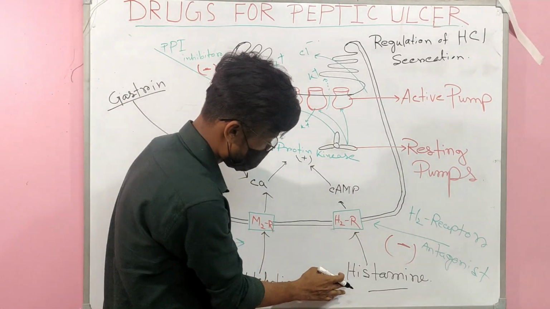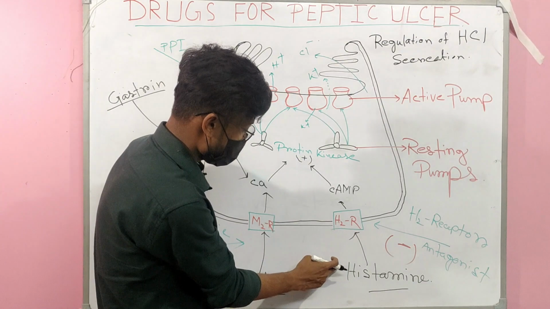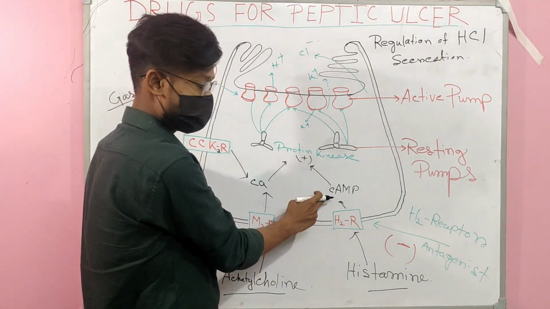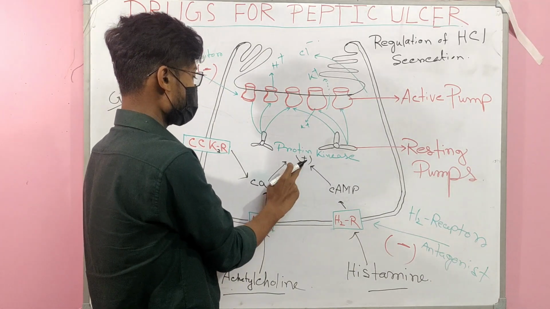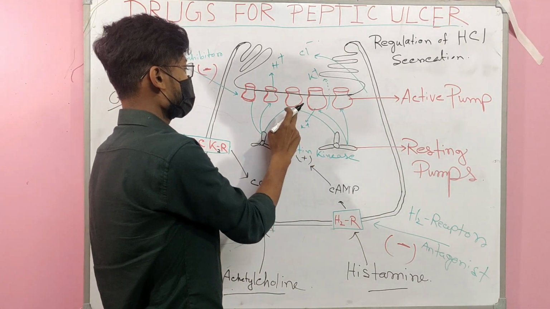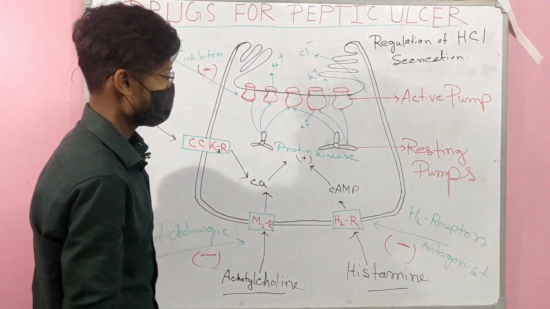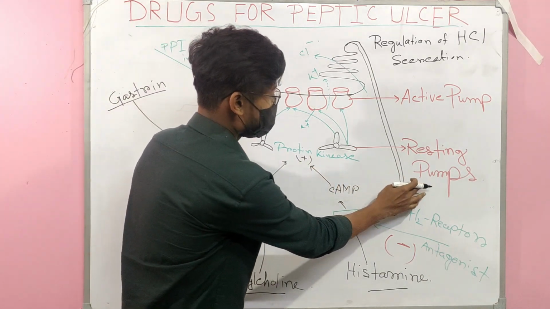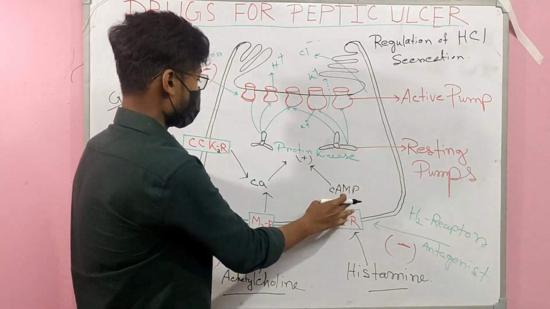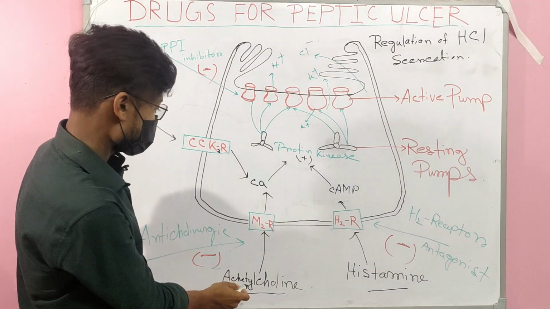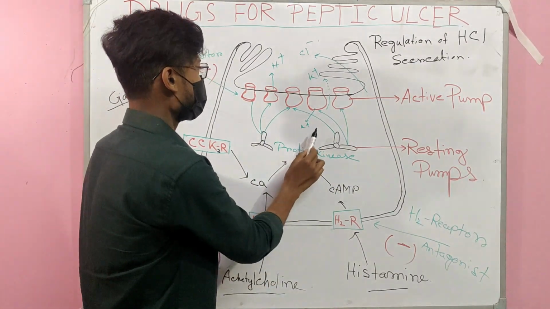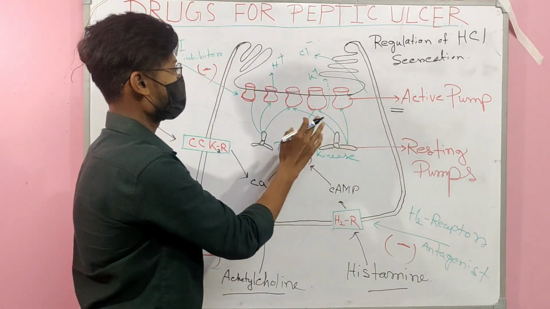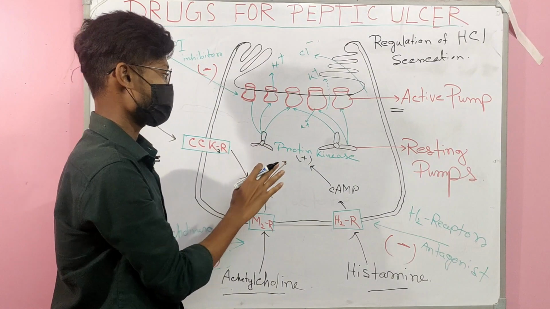Same mechanism here: histamine activates H2 receptor through cyclic AMP, which activates protein kinase and increases the acid secretion in our body. Here, the pump was in resting mode. Then gastrin, acetylcholine, and histamine activate the pump. That is called active pump.